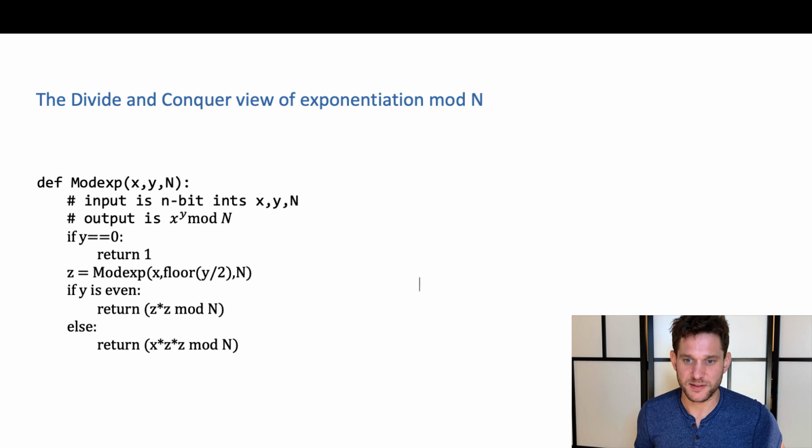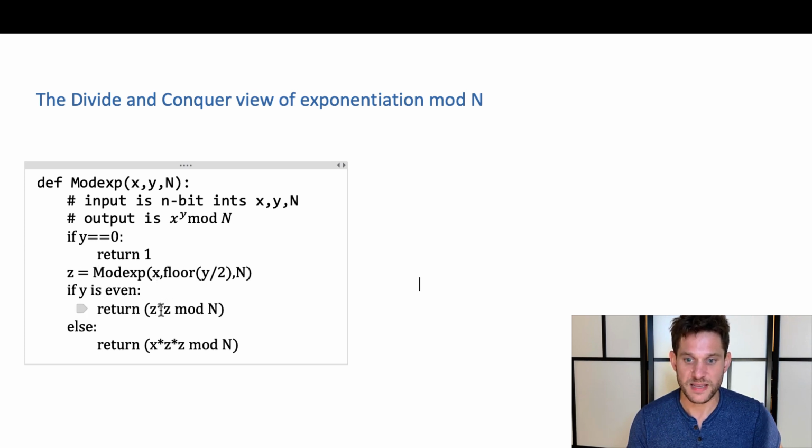What mod exp does is it recursively calls mod exp on the same inputs, but it tries to halve y, right? It takes the floor of y over 2. And depending on whether y was even or odd, when it uses the output of this recursive call, which is z, it's going to square z.